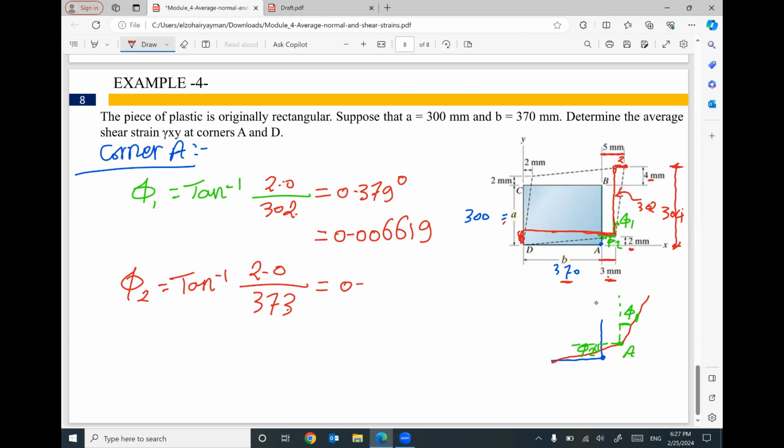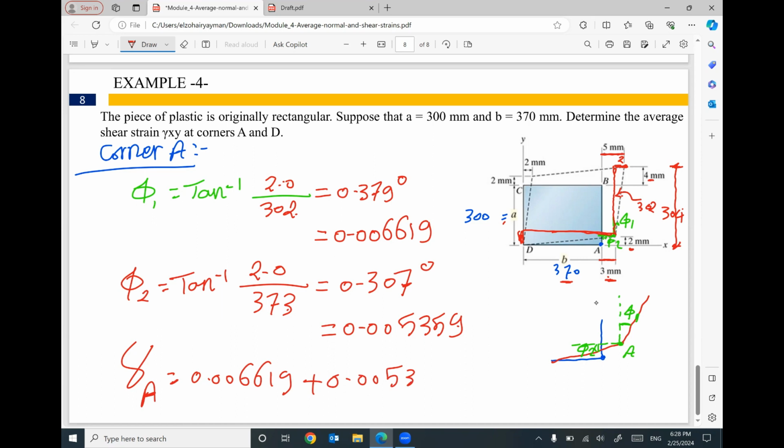I got 0.307 degree, in radian it will be 0.005359. That means the shear strain at corner A will be 0.006619 plus 0.005359. So the value will be 0.0119. That makes sense? This is at corner A.